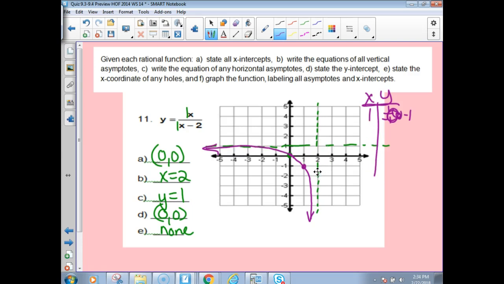What else should I plug in? Yep, 3. That gives me 3 on top, and on the bottom 3 minus 2, which is 1, so (3, 3) is a point on the graph. Maybe I'll plug in 4 also. That'll give me 4 on top and 2 on the bottom, so (4, 2). And then I could sketch that. Try to hit your points.